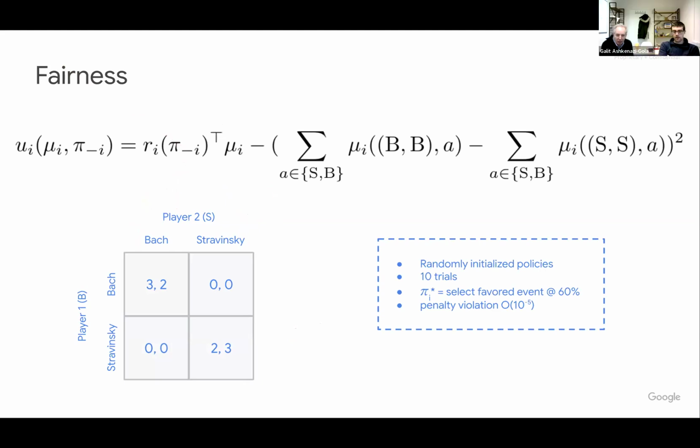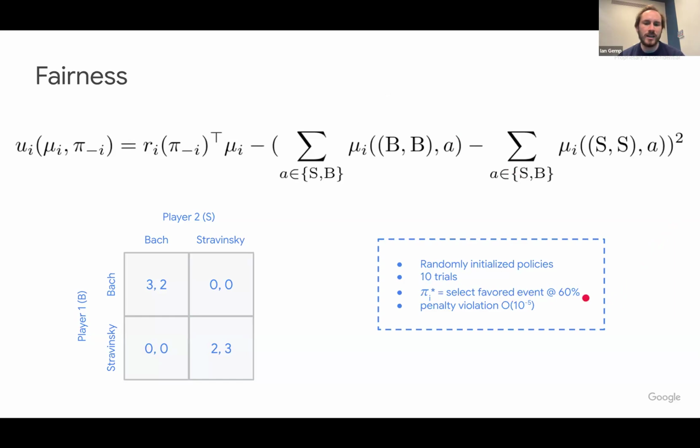Sorry, I missed the first part of your question, though. So the question is, you wind up at an equilibrium. That's what you're saying, right? Yes. And you should wind up at either equilibrium with equal probability. Is that correct? Or do you not test how often you wind up at either Bach or the other one? So I guess what I'm saying is the equilibrium that they wind up at, over these 10 trials, is always the same equilibrium.